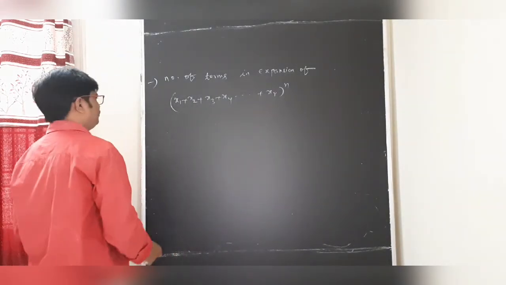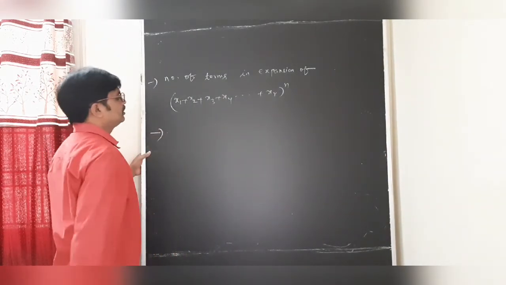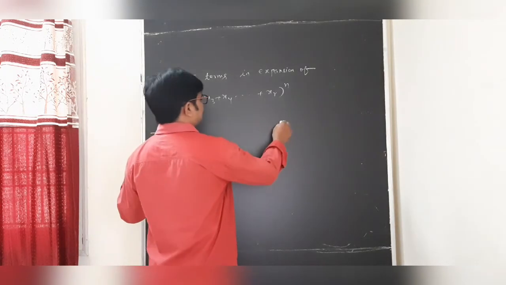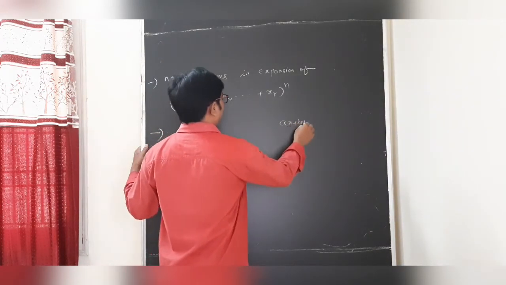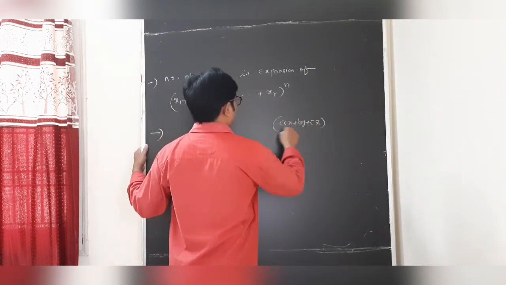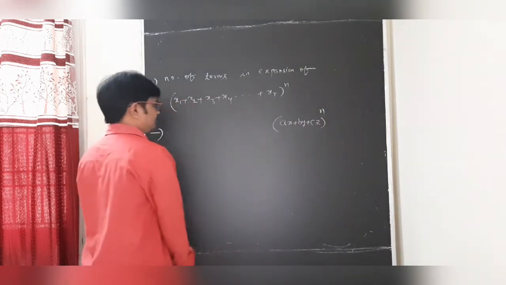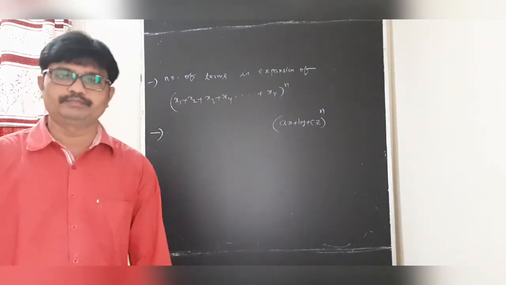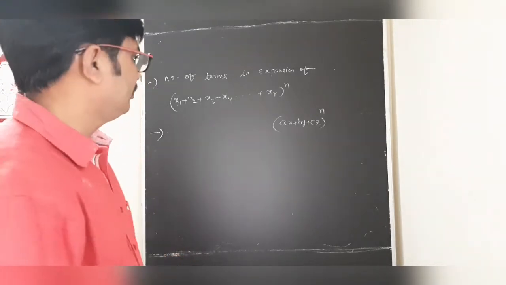So, dear students, if you are taking the trinomial, that means ax plus by plus cz whole power n is there. What we observed here is the trinomial.